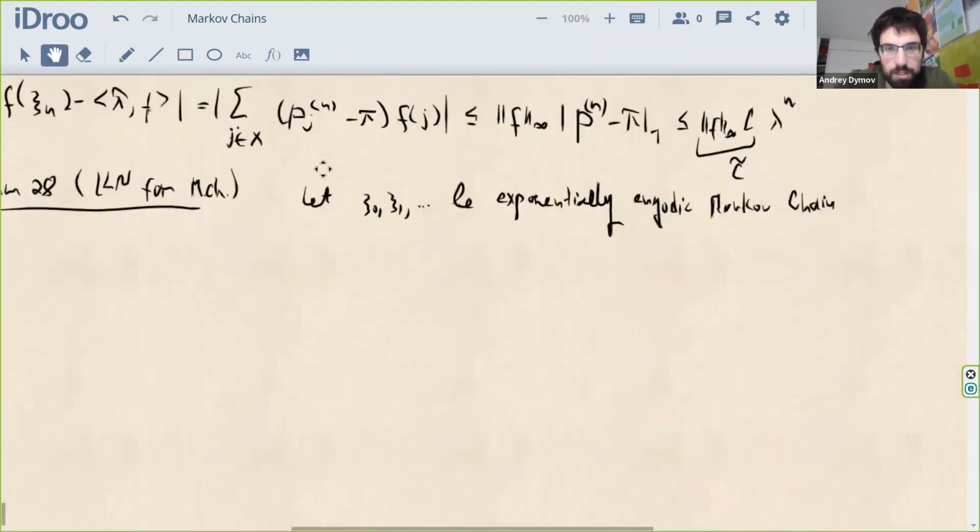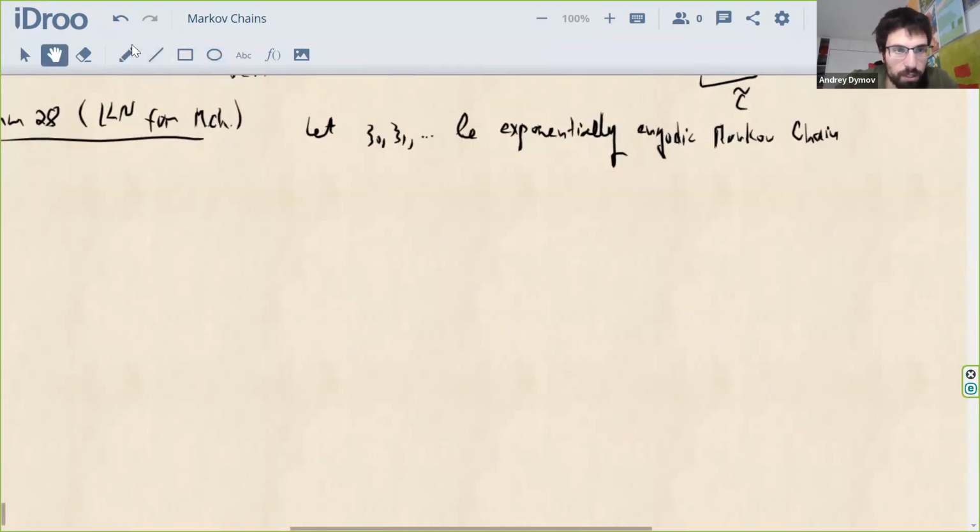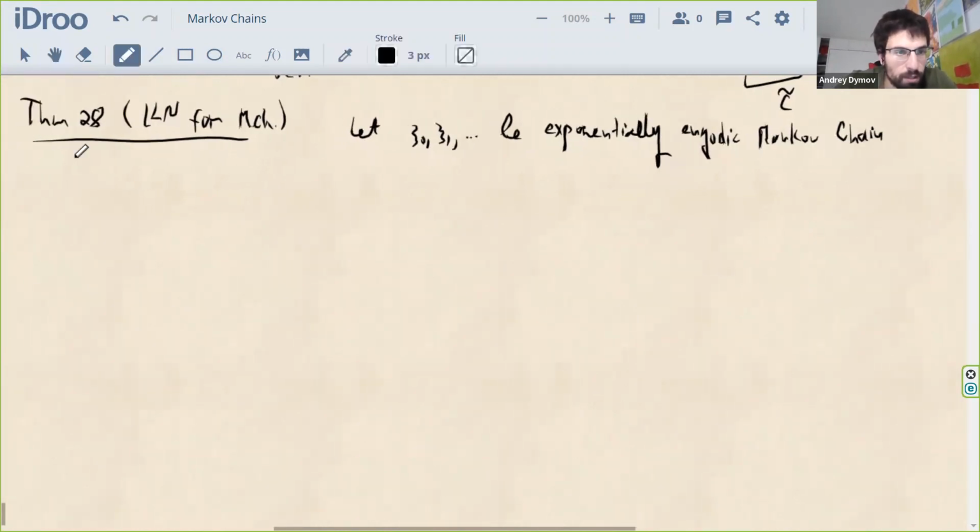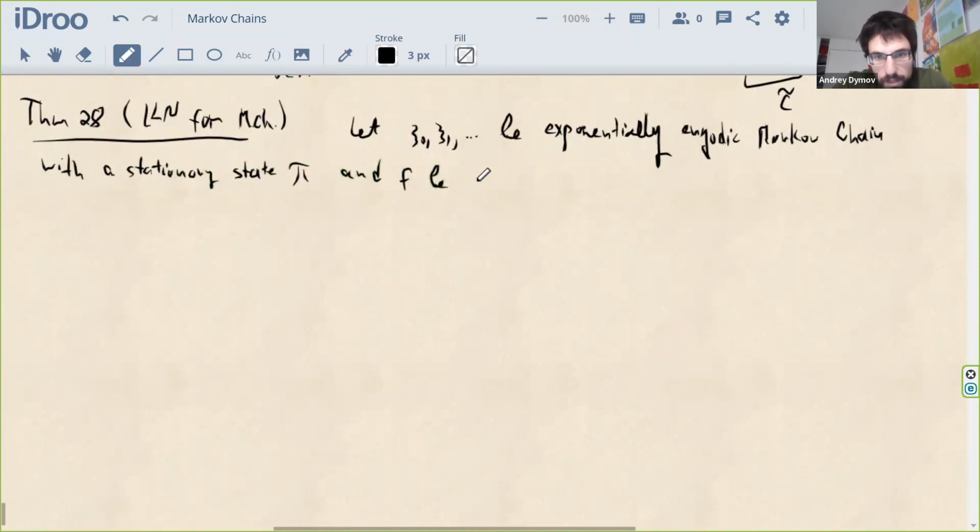So now we are considering an exponentially ergodic Markov chain with a stationary state pi, and let f be a bounded function.